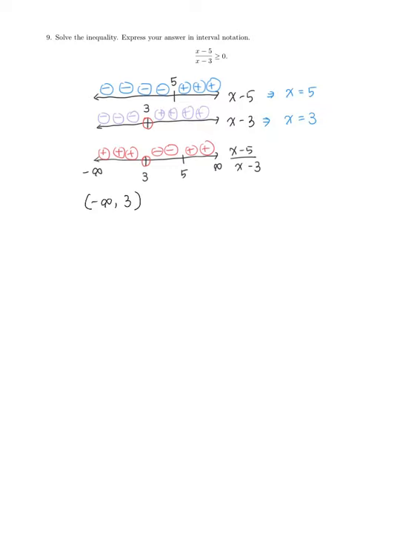And then the middle part, in between 3 and 5, our function assumes negative values, so we don't care about that because we want to find where it's positive. Oh, sorry, this should be a closed bracket because the function is defined at 5. So you're going to have 5 to infinity, and then put a union in between, and boom, we're done. So here is our final answer.